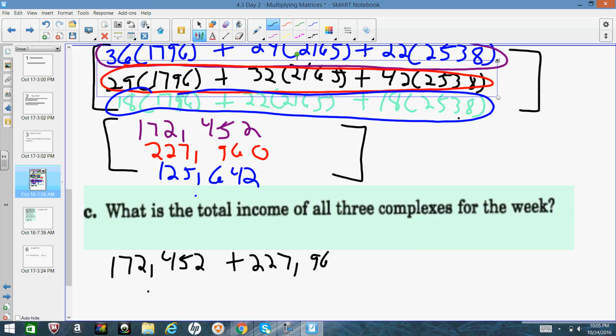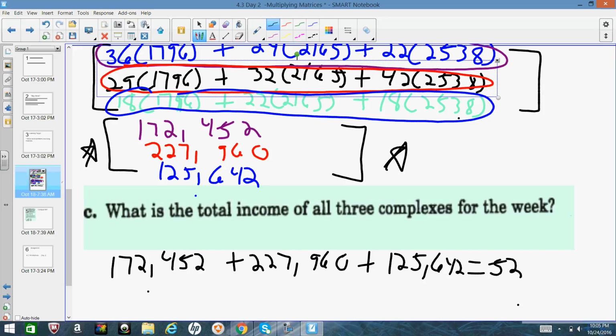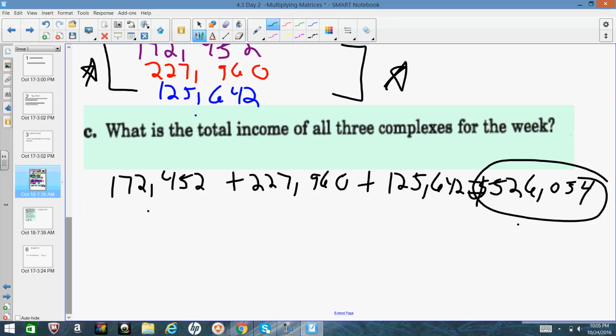This is all from my matrix, 127,960 plus 125,642, because these are all incomes right here. And if I add those together, I'm going to get 526,054. And that would be dollars, because we're talking about total income. So that was my first question.